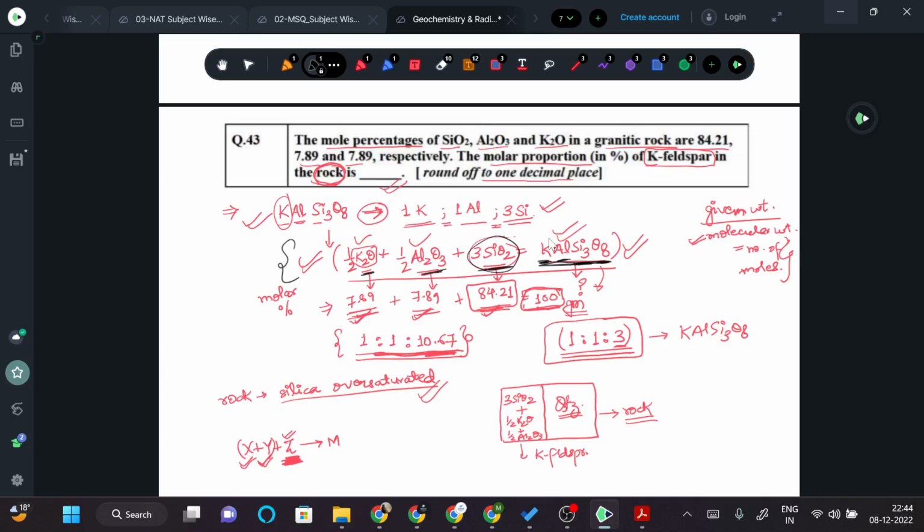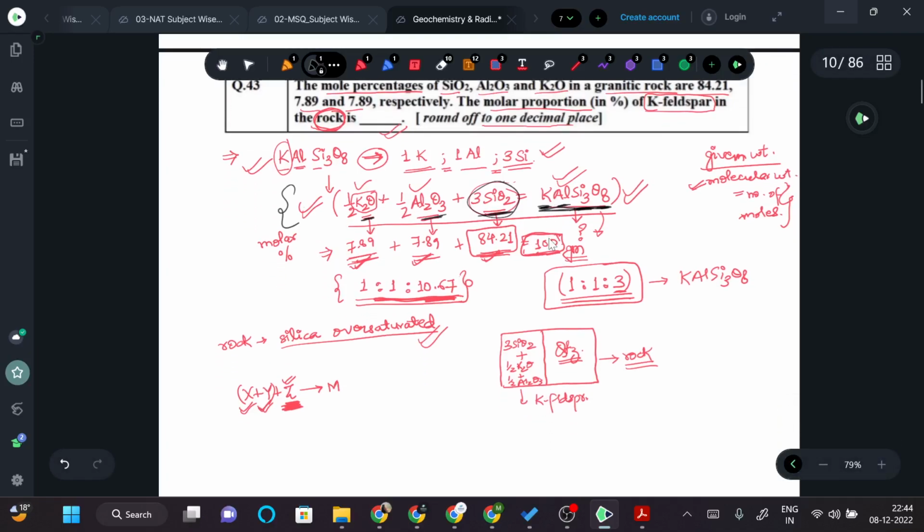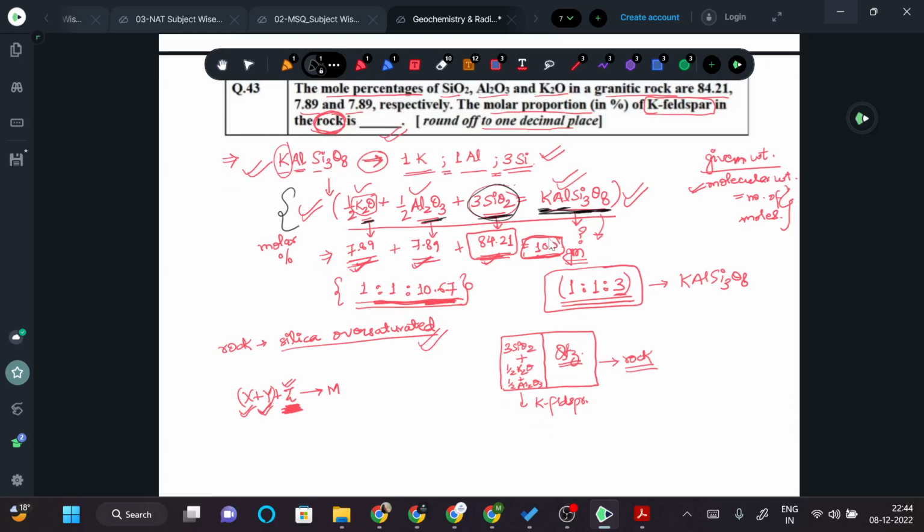But when you calculate the ratios that are given in mole percentage, that comes out to be 1:10.67. So this ratio is a lot. This ratio simply determines that silica is way more in quantity than what is required to form K feldspar.